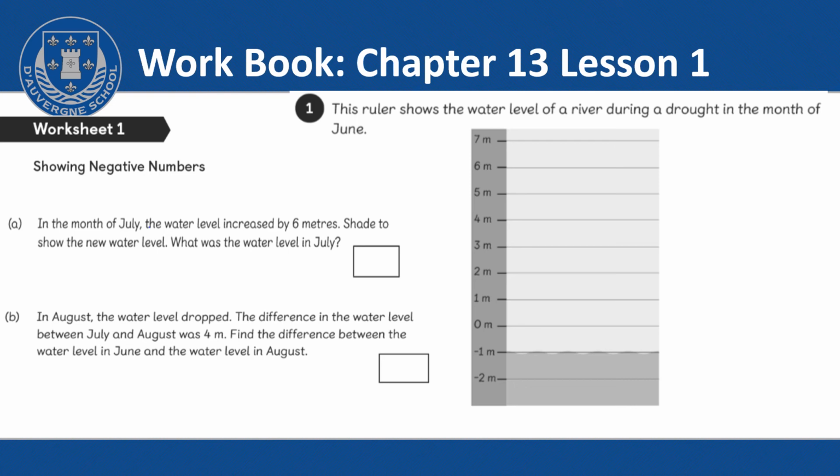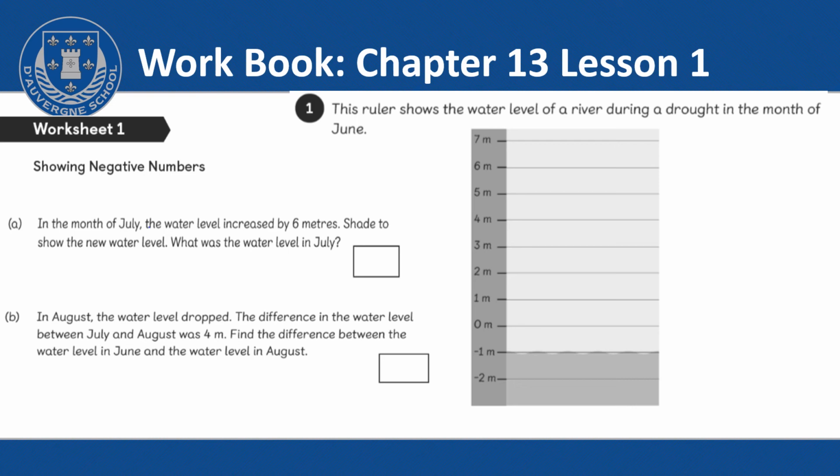So now the question is asking us to find the difference between June and August. So if we know that in June the water level was -1 meter, and then in July it was 5 meters, and then in August it was 1 meter, we're actually going to be finding the difference between 1 meter and -1 meter.